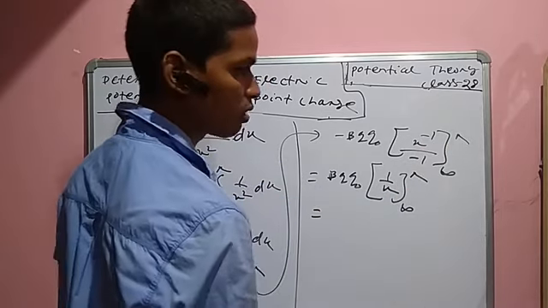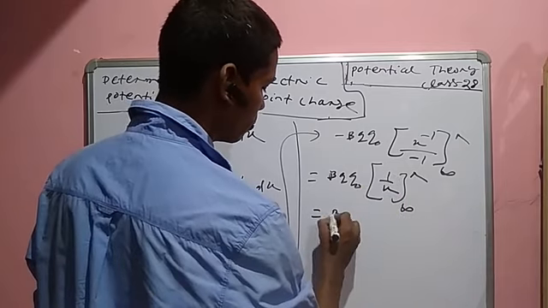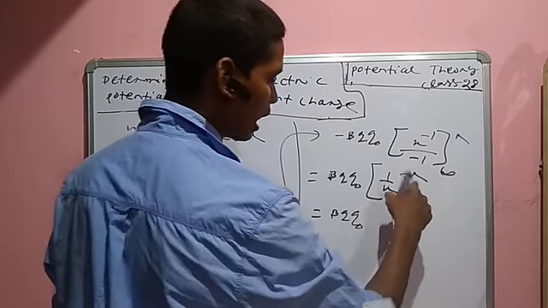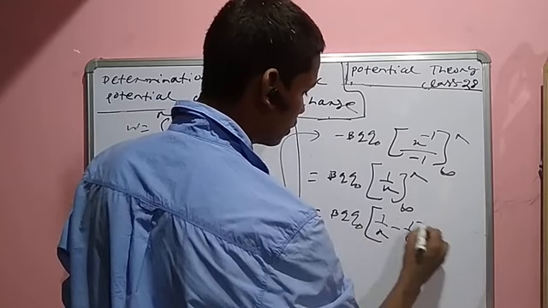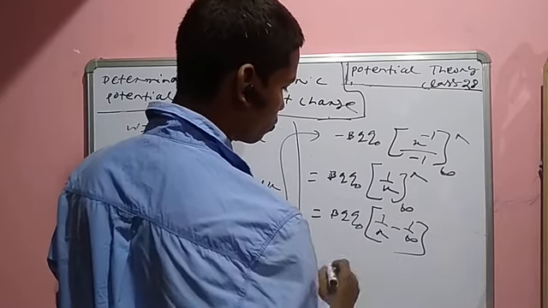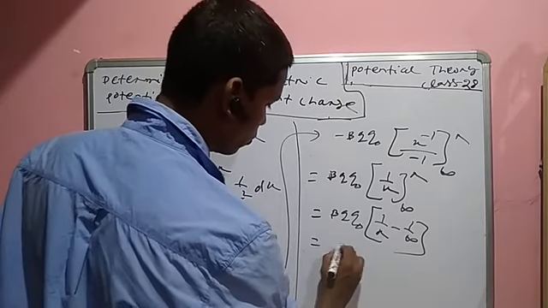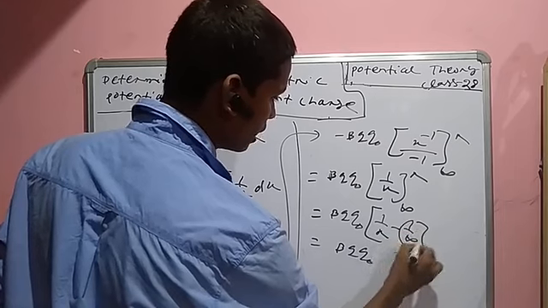Putting in the higher limit r and the lower limit infinite: beta q0 times 1 by r minus 1 by infinite. 1 by infinite is 0.